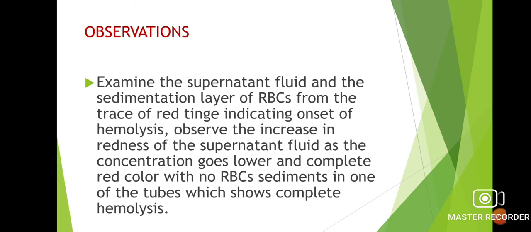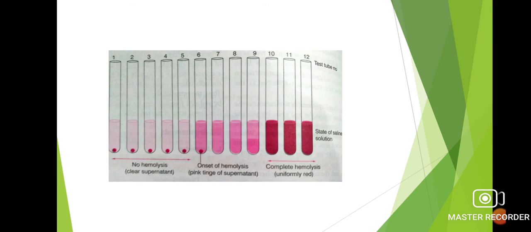In the observation, we will see the supernatant fluid initially shows no hemolysis and a sediment layer of RBC. After that we will see a red tinge indicating onset of hemolysis and increasing redness of the supernatant fluid as the concentration goes lower, and finally there will be complete red color with no RBC, which shows complete hemolysis.